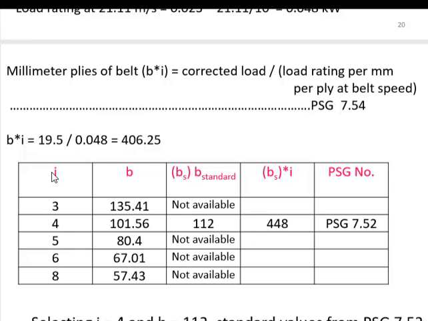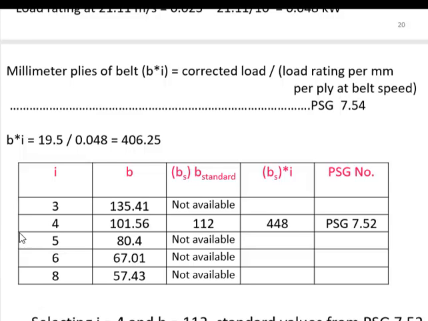Now I are the standard values like 3, 4, 5 and so on, but this particular B, they are not standard values. So we will go to PSG 7.52 and try to identify the standard value, and you can observe that only a value close to 101.56 is available. So the value close to 101.56 is 112.